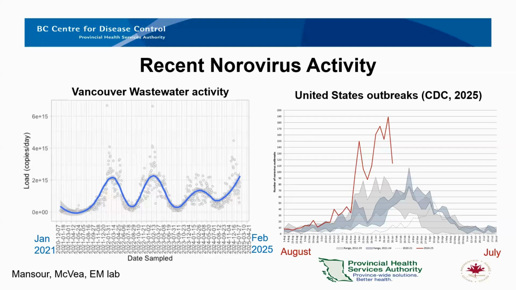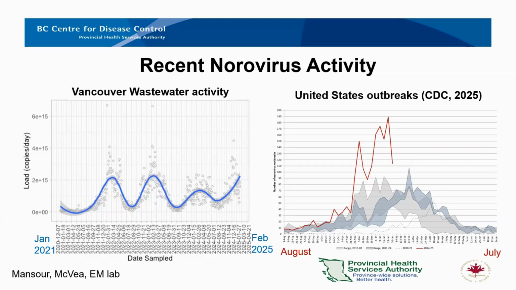And you can see those cyclical peaks that happen every year. It happened at the end of 2021, end of 2022, and then last year's peak was a little bit delayed. It was actually in 2024, and then we see another peak that's not quite peaked yet, in late February of this year.